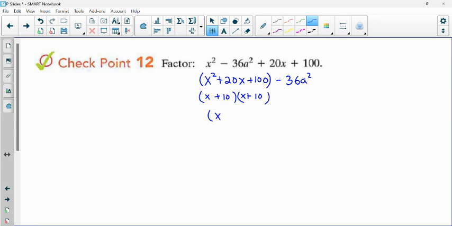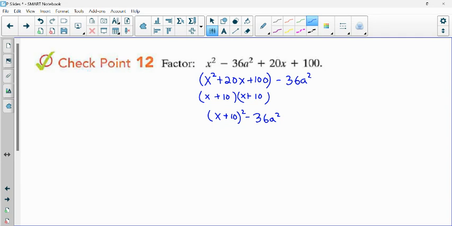The square root of x squared is x, the square root of 100 is 10. Sign of the second, since that's a plus sign, it's a plus sign, and it's that binomial squared. So even if you didn't know it was a perfect square trinomial, you could have SAM factored it, and if it is the same binomial twice, you do want to write it as that binomial squared. So either way we do it, x plus 10 quantity squared is that factored for the left side. And then it's minus 36a squared.